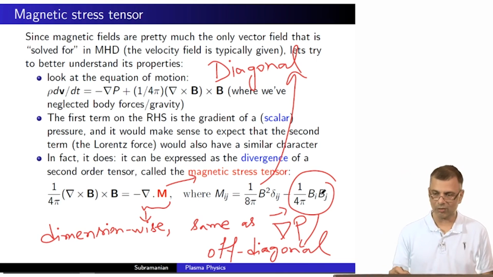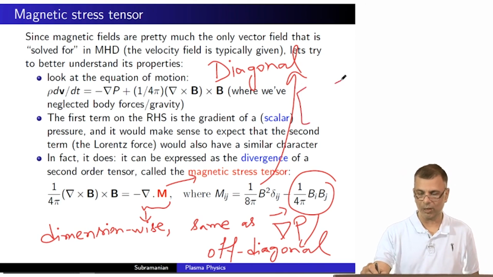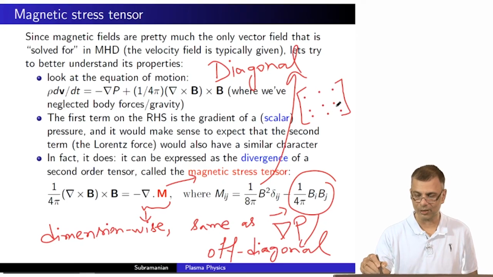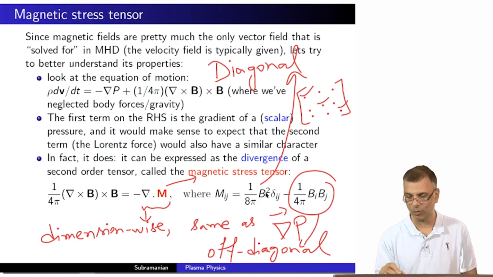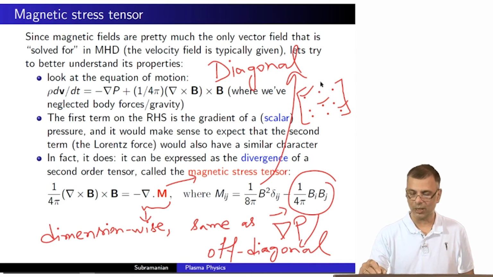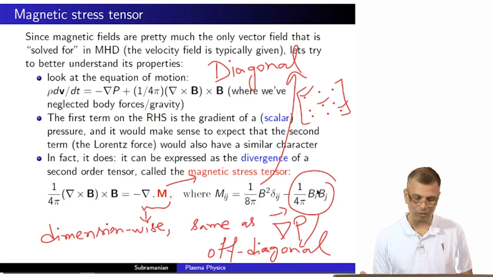Okay. So the stress tensor would essentially be a matrix like that, and the diagonal terms are given by 1 over 8 pi B squared, and the off diagonal terms would be given by Bi Bj, where, suppose this is x, xx, xy, so the xy would be Bx By, and this would be xz, so there would be Bx Bz, and so on and so forth.